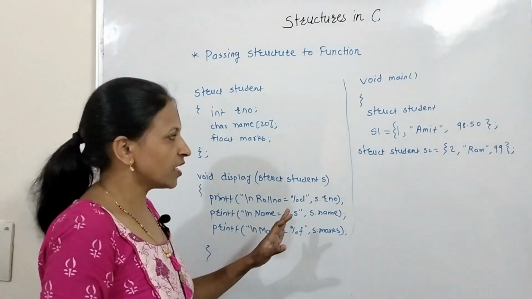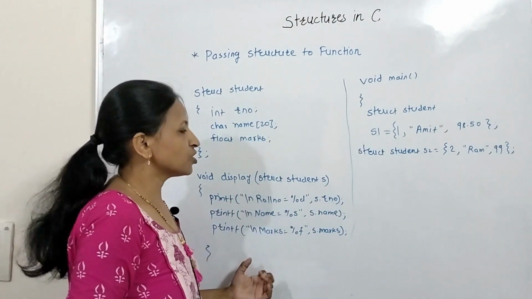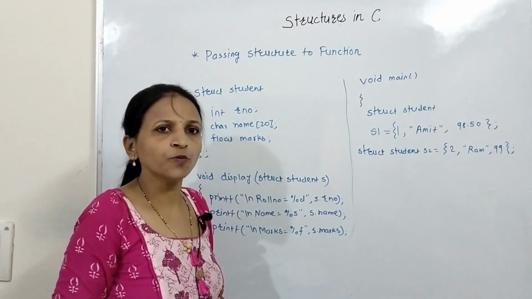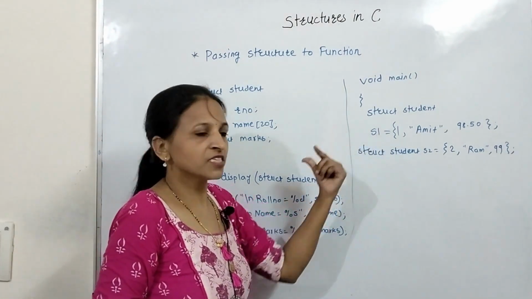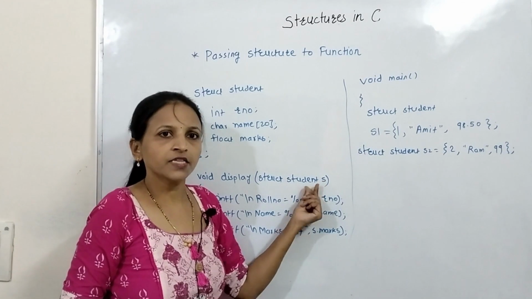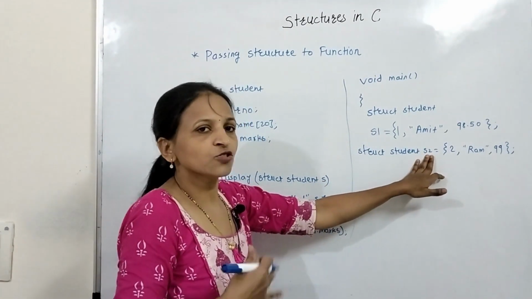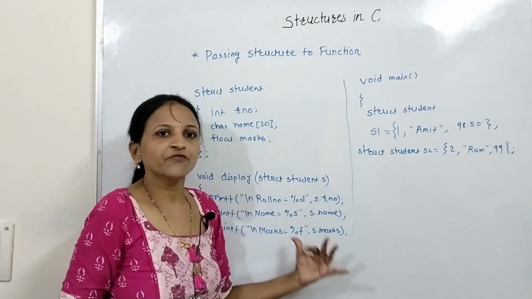Here I will call this function 2 times by passing s1 and s2 as arguments. Whatever we pass, s1 will get copied inside s, and the data of s1 will get displayed. Then s2 will get copied inside s, and the data of s2 will get displayed.